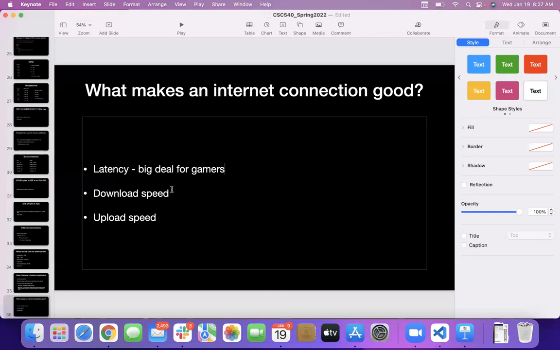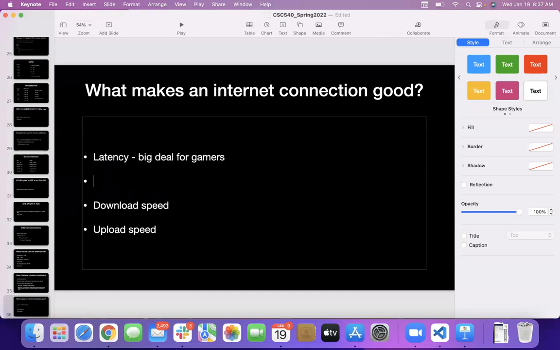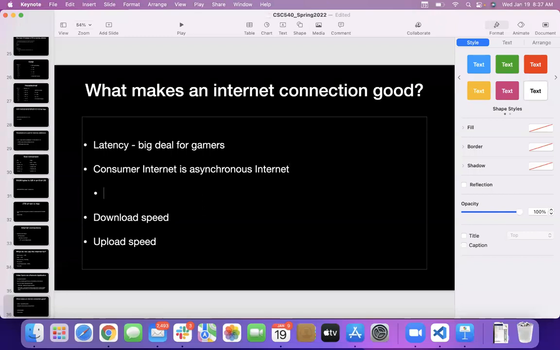Okay, similarly, most of our consumer internet is asynchronous internet, which means that download speed is faster than upload speed.